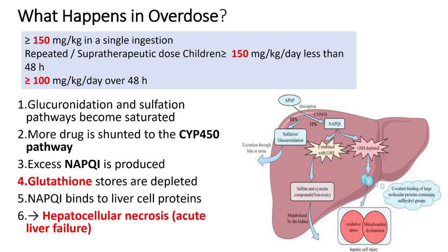In overdose, excess NAPQI is produced because the safe pathways are saturated. Glutathione is depleted, NAPQI binds with liver protein, and ultimately hepatocellular necrosis occurs due to the high amount of toxic metabolites.